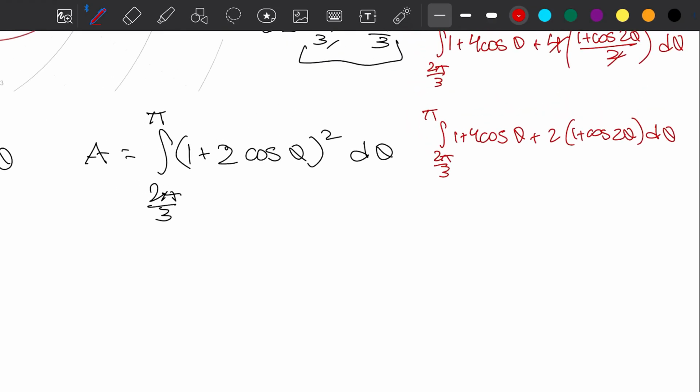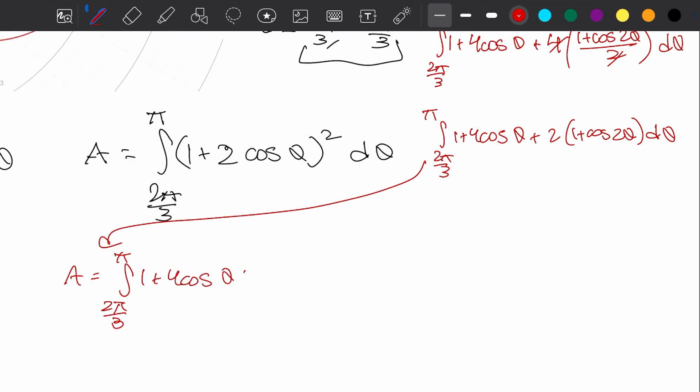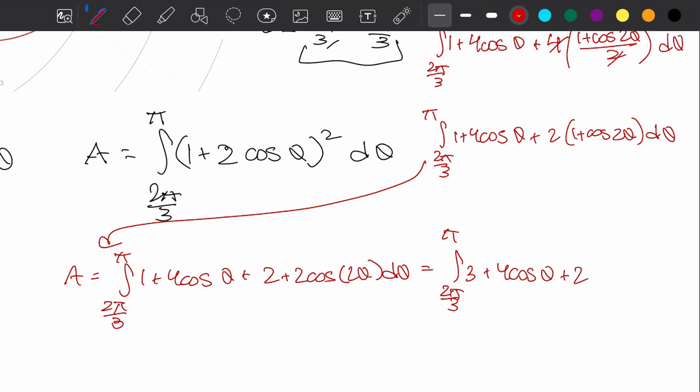Now you can keep going, and that's going to end up being A equals the integral from 2 pi over 3 to pi of 1 plus 4 cosine theta plus 2 cosine 2 theta d theta, which equals the integral from 2 pi over 3 to pi of 3 plus 4 cosine theta plus 2 cosine 2 theta.